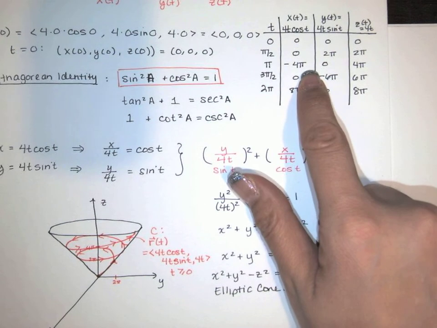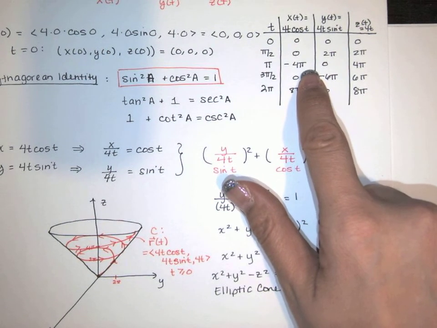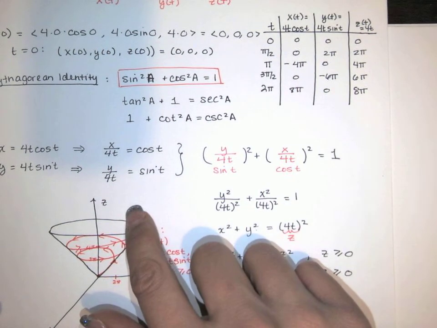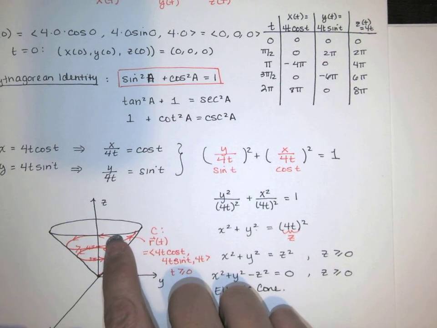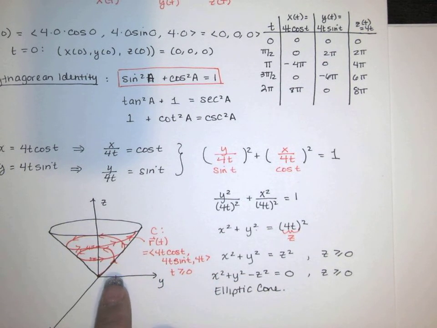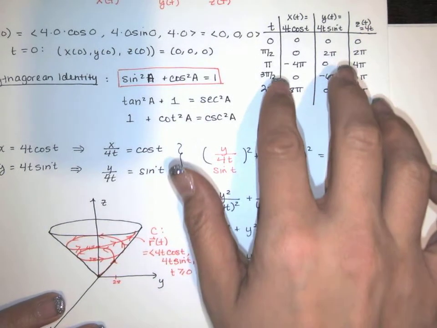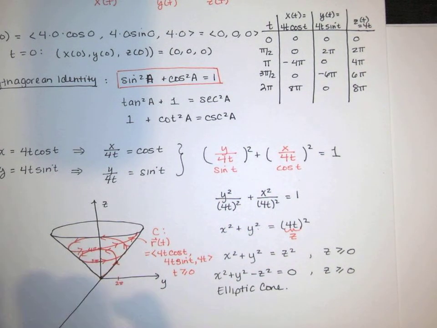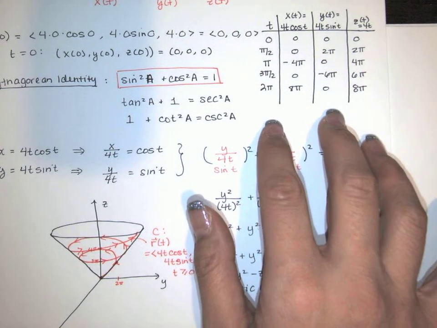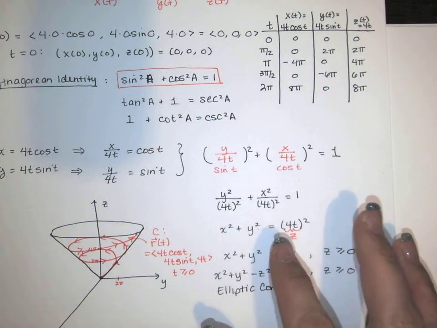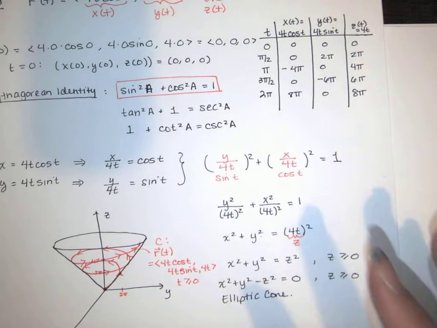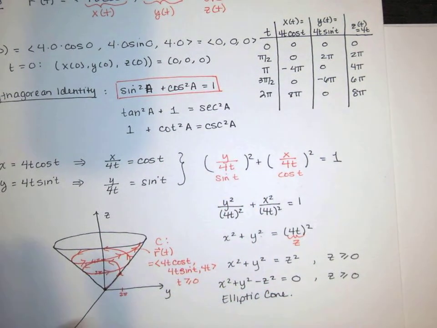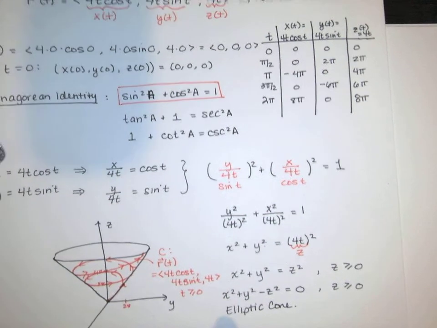Here, I'm back in the xz plane, where x is negative 4 pi, so that's behind us, and z is 4 pi, and y is 0. And so this list of values, to me, represents this curve, but it might not be so obvious to you, especially when you're just starting out. Don't be too hard on yourself if you don't look at that and see that. That's okay. But I do want you to recognize this pattern.